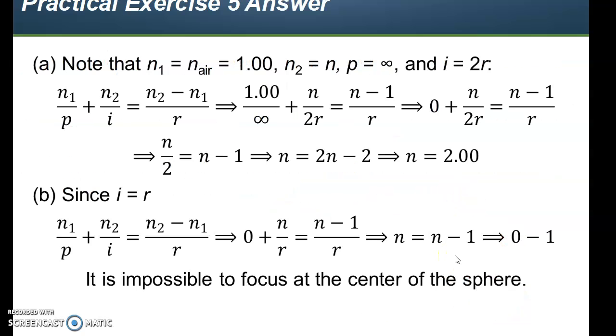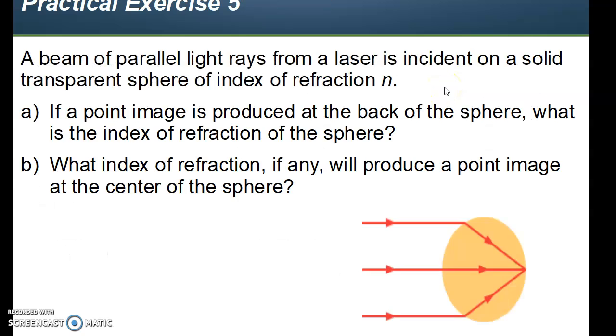So the n1, where it's coming from, is the n of air, so that would be 1.00. n2 equals n. The object is at infinity, and i equals 2r, right? That's what that would determine. It's going through this one r, and this is the other r over here, radius of curvature.